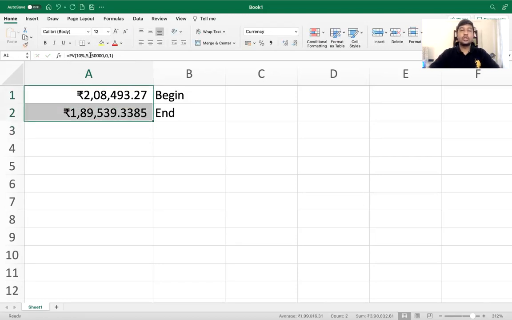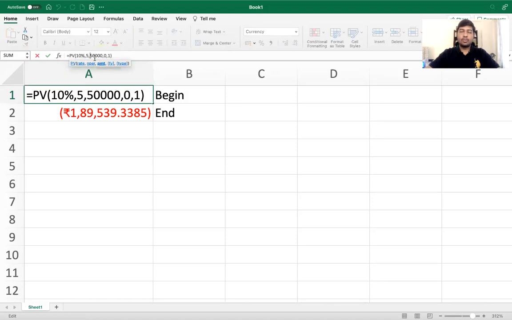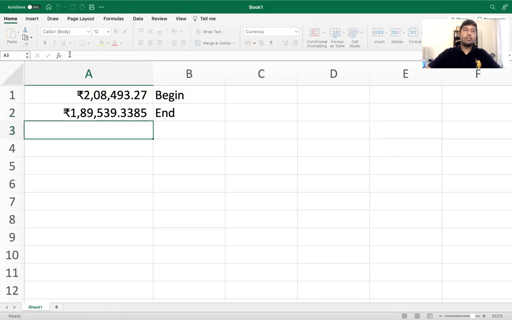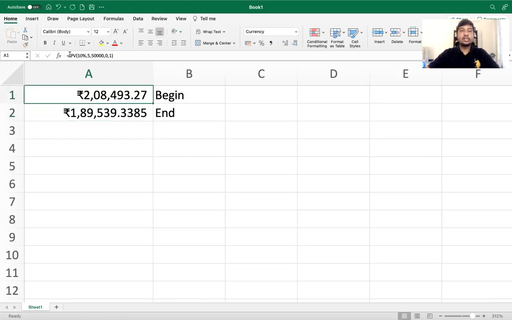When you're showcasing this to the client and you don't want to show the negative number, then you can do that. Either you can put a minus sign to the PMT, or the other way, you can just type a minus over here. Okay, minus PV. That is also something that will give you a positive number. So then it makes sense to explain to the client. So simply add a minus before PV and that negative number converts into a positive number.